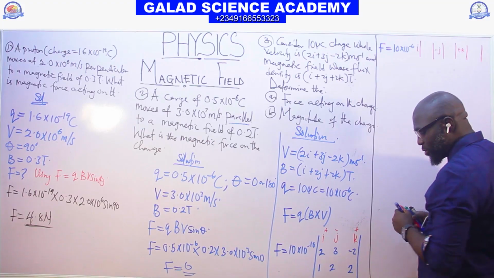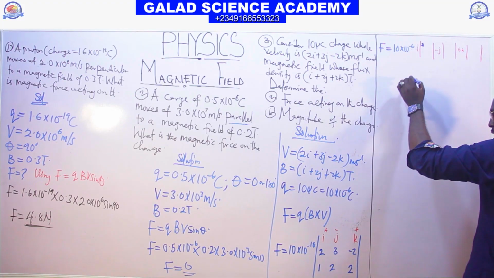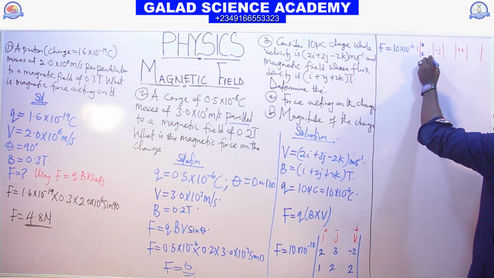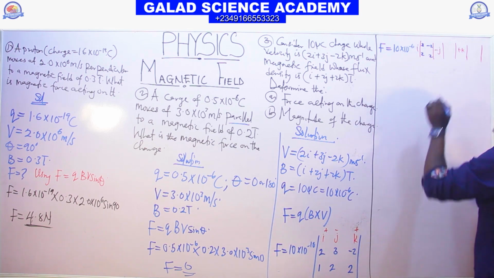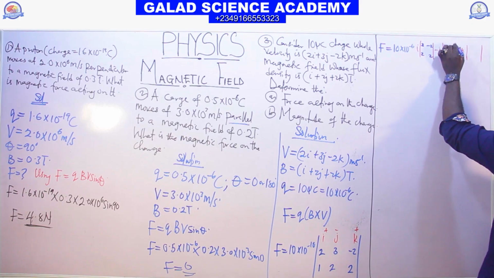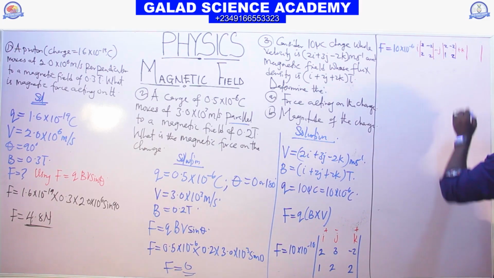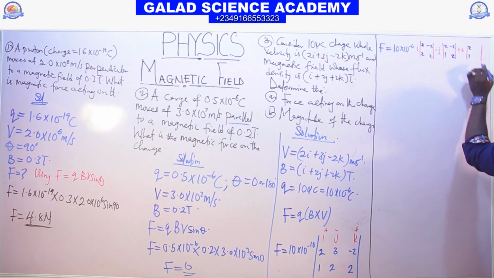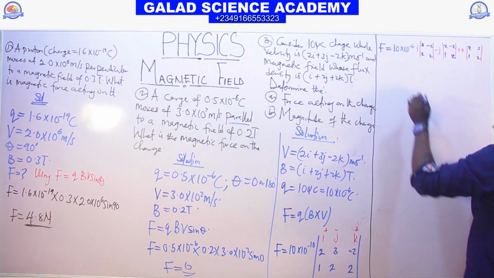Opposed to the matrix of the determinant, take this i out, you are left with 3, 2, 2, minus 2. Take this j out, we are left with 2, 1, and minus 2, 2. Take this k out, that is 2, 1, 3, 2.